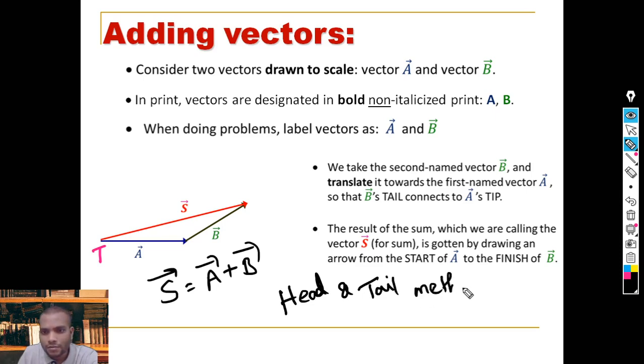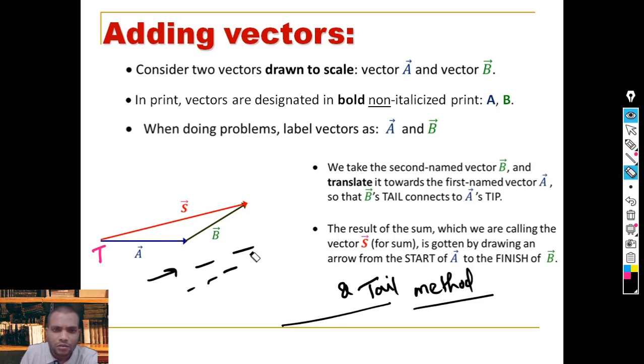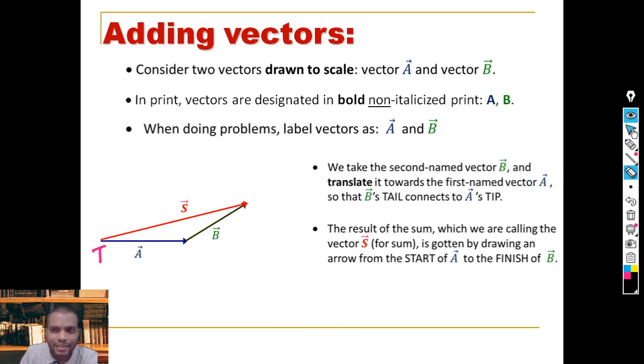The head and tail method is very useful to add two or more vectors. How can we add? We just move the second vector's tail towards the first vector's head.